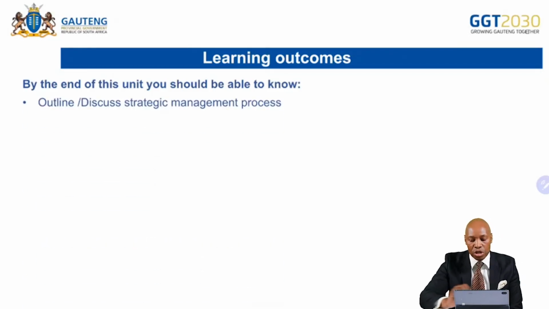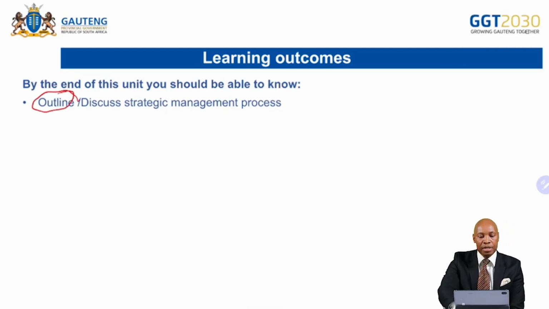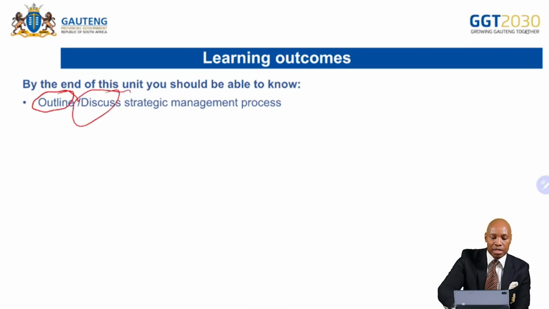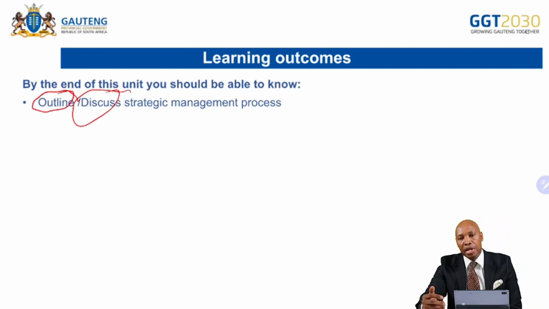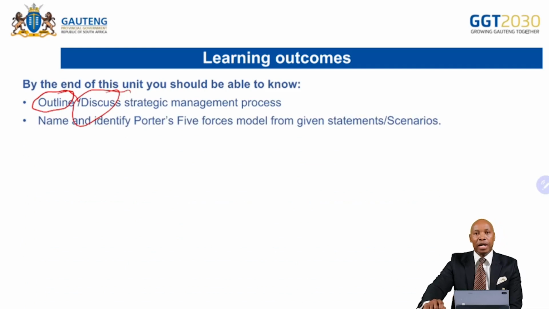First and foremost, you must be able to outline, if not outline, discuss the strategic management process, because our lesson is based on business strategies. Now, let's take a look at another learning objective.